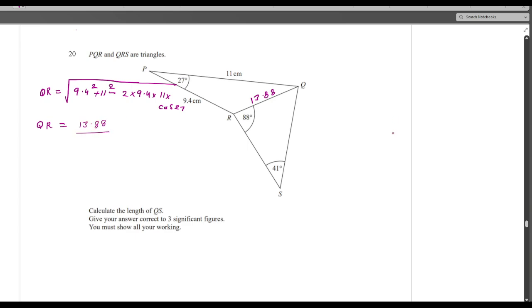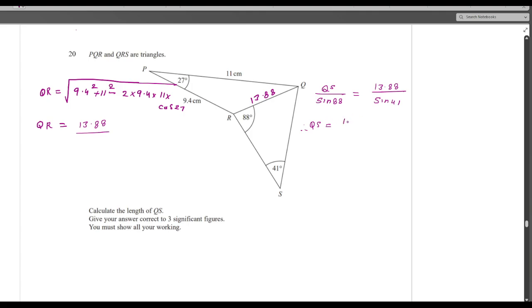Now here in this triangle, QS divided by sine 88 will be equal to 13.88 divided by sine of 41. So this will give you the value of QS.